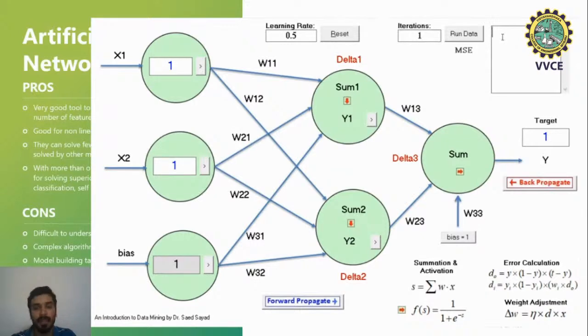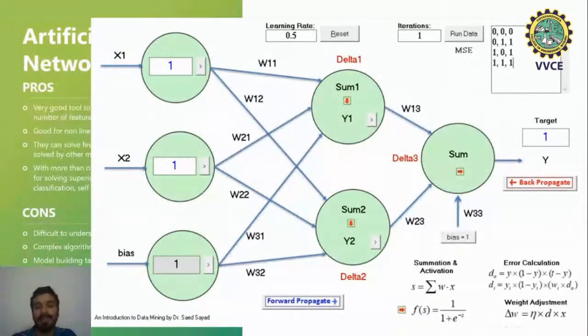So x1 and x2 are your features, and the last value will be your target. Let's create our data. If your input is 0 and 0, the output should be 0. If it is 0 and 1, your output is 1. If it is 1 and 0, again your output is 1. If it is 1 and 1, your output is also 1.